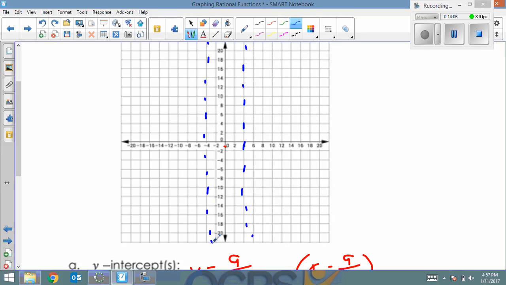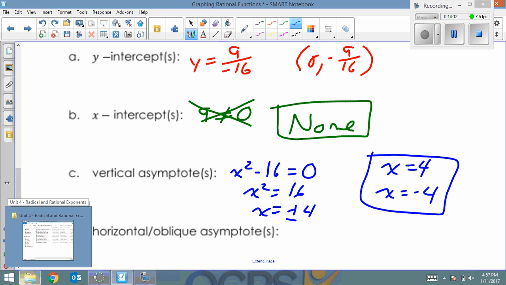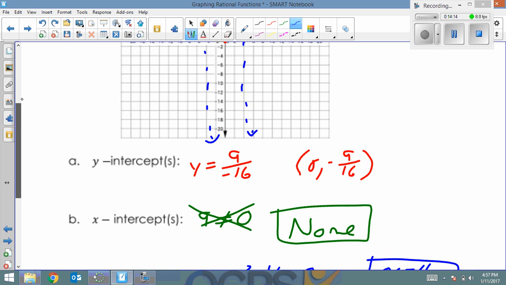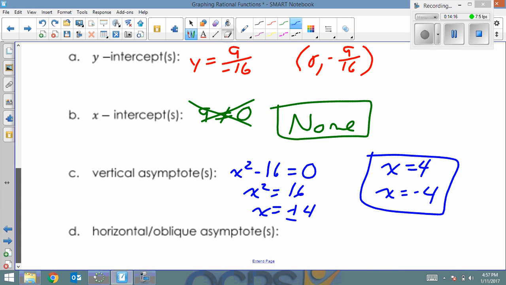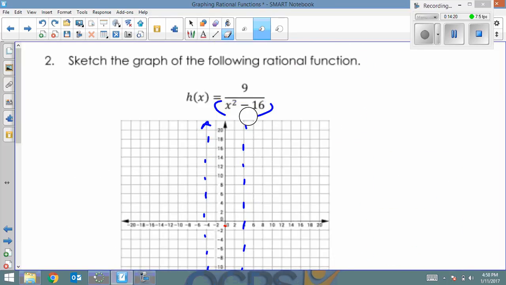X equals negative 4. And the last one, the horizontal or vertical, again, go look at our degrees up at the top. The degree of the numerator here is, we don't have an x, so the degree of the numerator is 0.